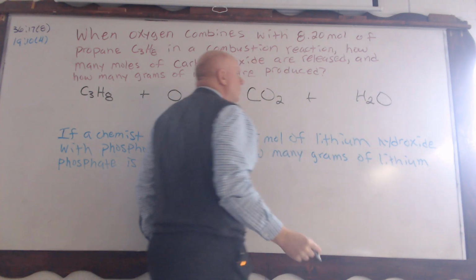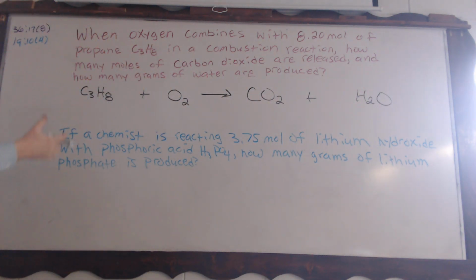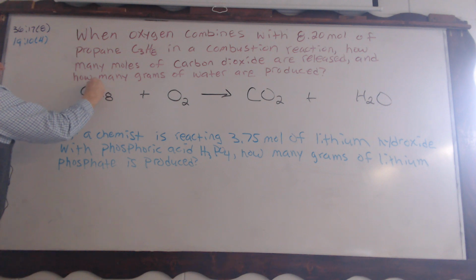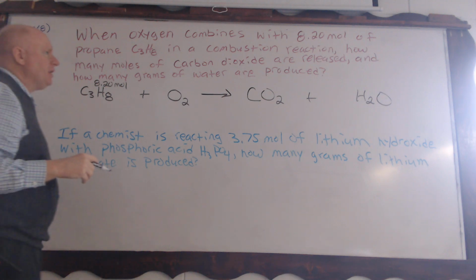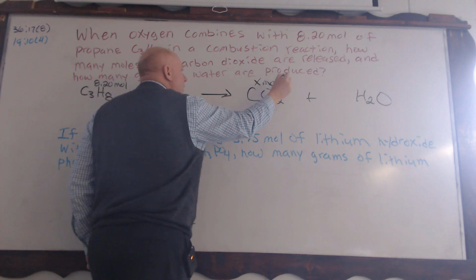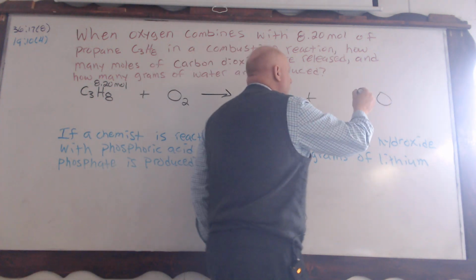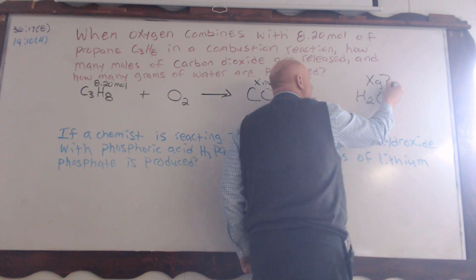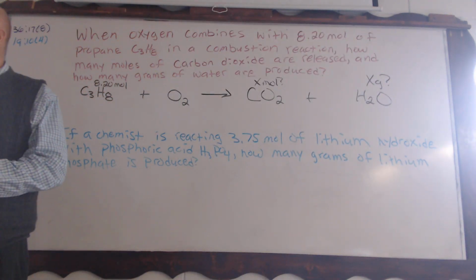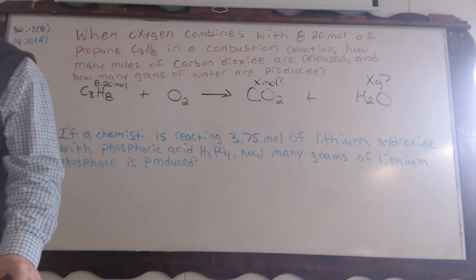So when oxygen combines with 8.20 moles of propane, we got 8.20 moles of this substance. How many moles of carbon dioxide are released? And then there's a part B, how many grams of that? So I will go ahead and hit pause, and you can work on that, and we'll go over it together in just a moment.